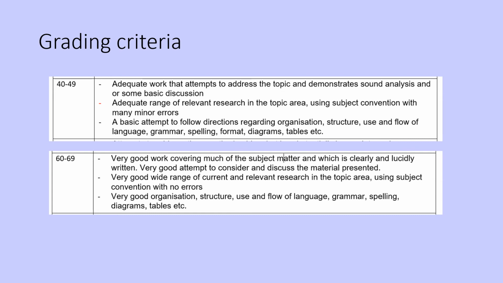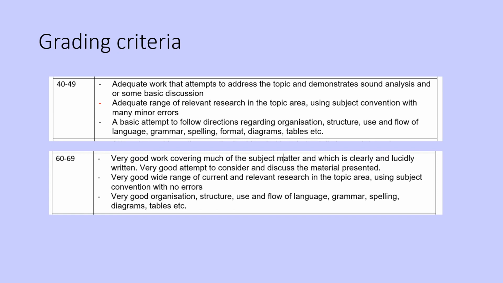Equally, with your research, you want to make sure that you use a range of relevant research and use subject convention, so APA 7th edition. But for 40%, you are allowed to have minor errors, so these are quite consistent, and that's the reason for your drop in mark. But equally, there needs to be good organisation, structure, use of language, spelling, grammar, etc. So again, just to encourage you, do make sure you give yourself time to proofread your work.